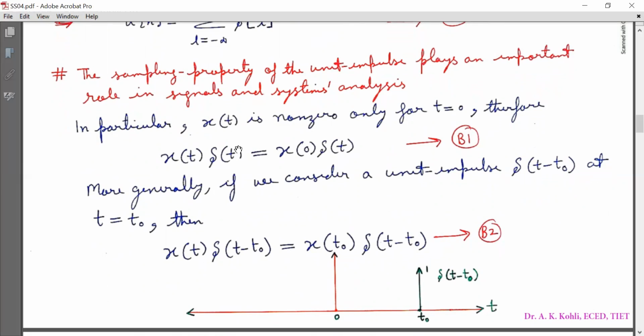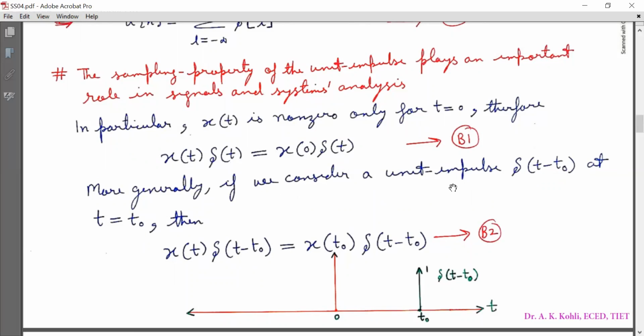That is, delta(t) will be 1 for t equal to 0. So I can write that x(t) delta(t) is equal to x(0) delta(t). That is equation B1.